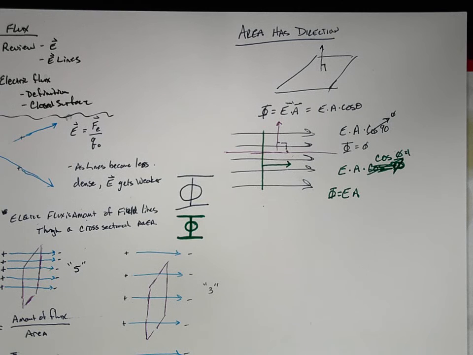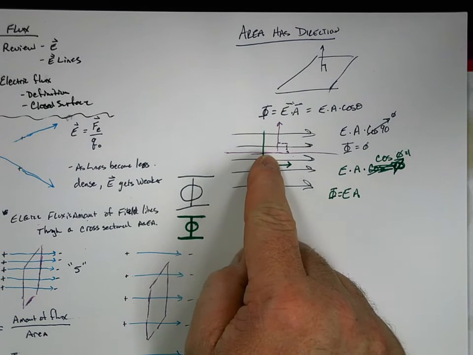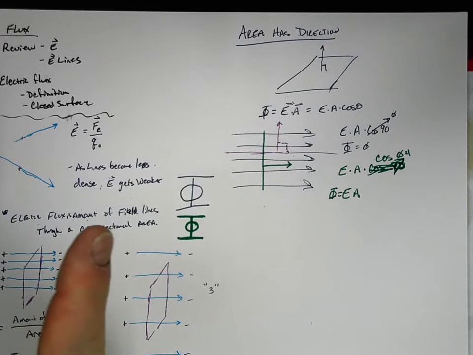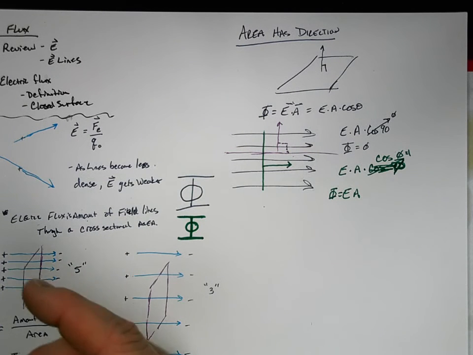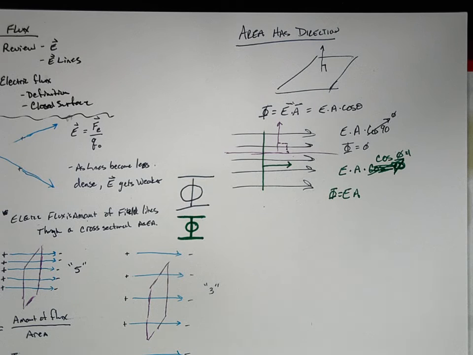But the idea is a changing magnetic field induces a current in a loop of wire. You can turn the wire in a steady field, and it creates a regular current that may alternate directions. What you've created then is an AC current, an alternating current through your loop, and that's the principle behind electric generators. Pretty cool stuff. It's an amazing real world application, but we'll get to that at a future time. So it's area with direction.